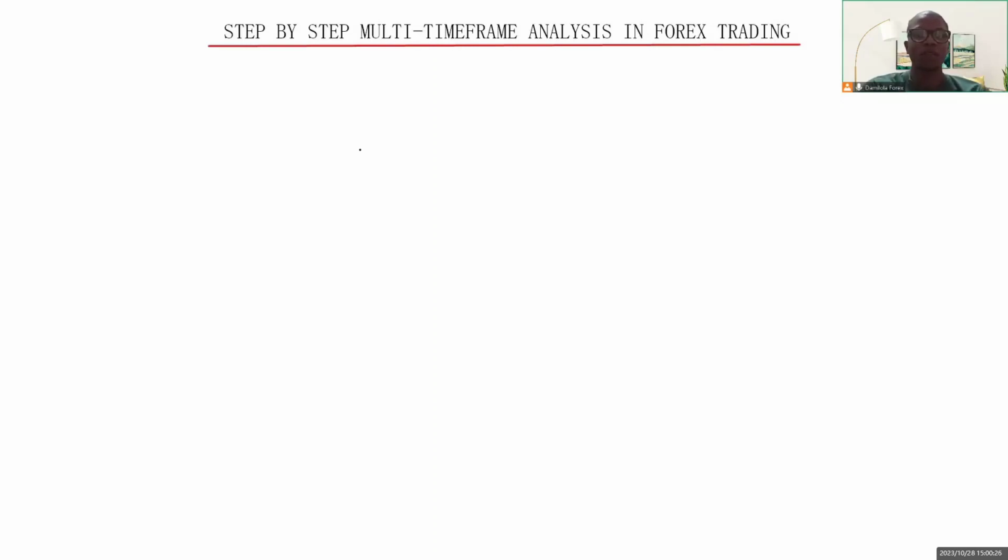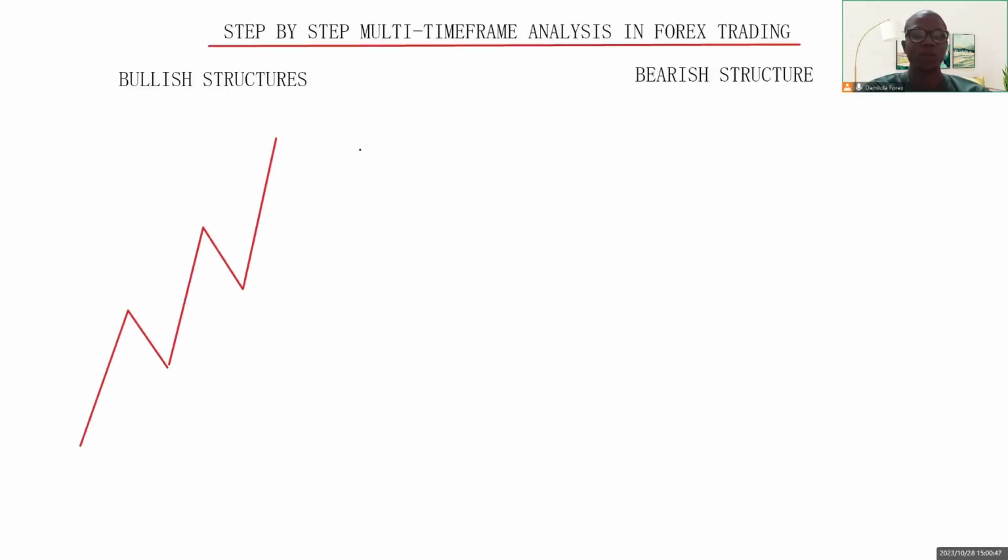Okay, first of all, we have two types of chart structures. We have the bullish structures and we have the bearish structures. The bullish structure is a combination of higher highs and higher lows, and the bearish structure is a combination of lower highs and lower lows.